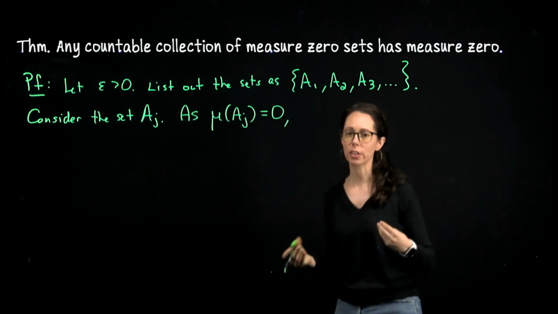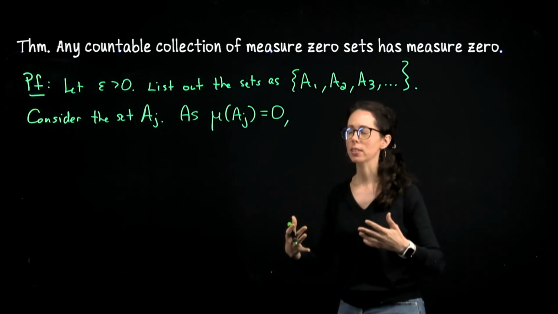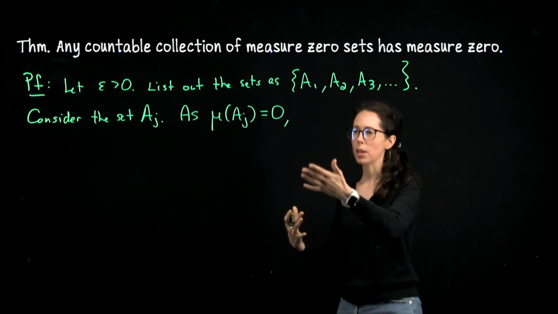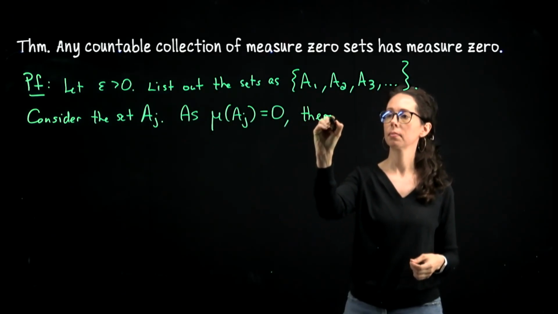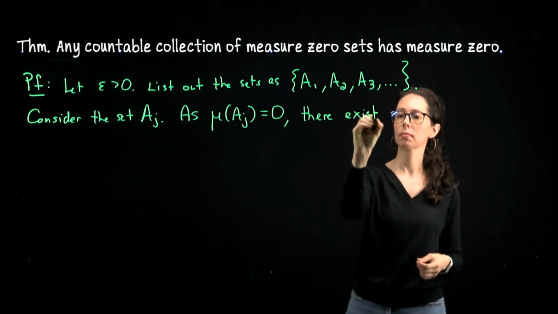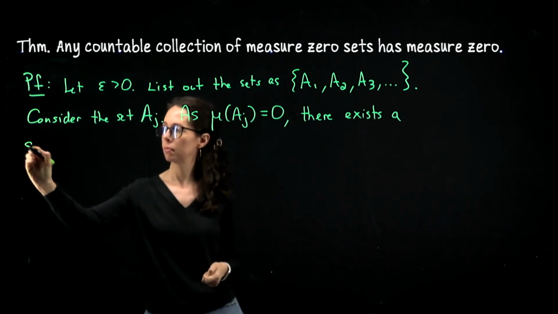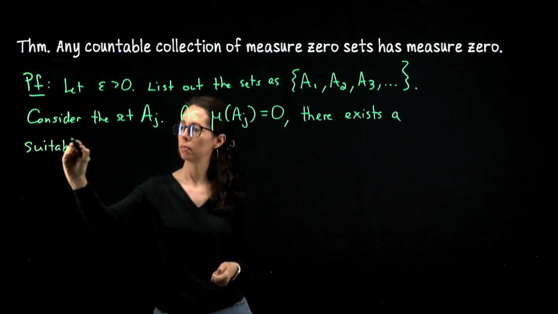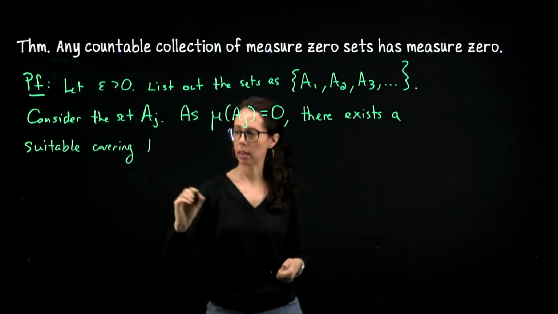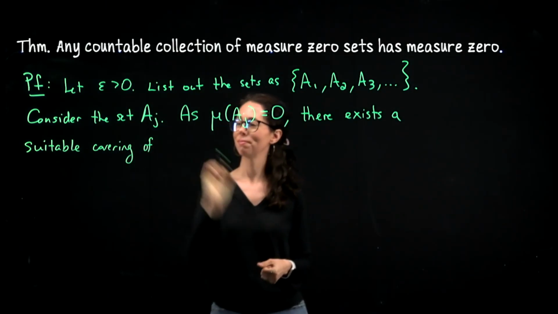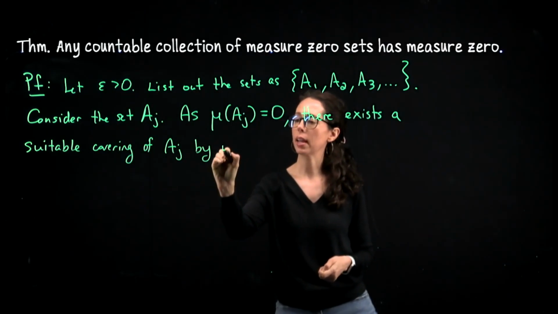So I know that there's a good covering of this by rectangles. I just need to be sure that my indexing is good. So let's say as the measure of the jth set is 0, there exists a suitable covering of A sub j.